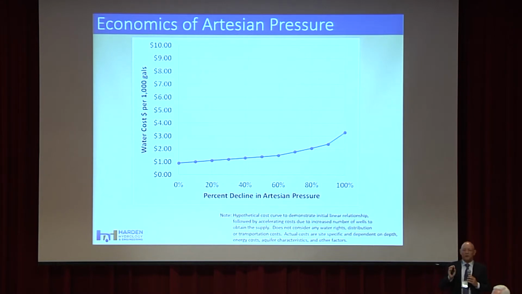So the key point of this is there's a lot of concern about protection of historic use and protection of artesian pressure. But the economics justify greater reduction in pressure and greater supply because the costs of the pressure are so modest.